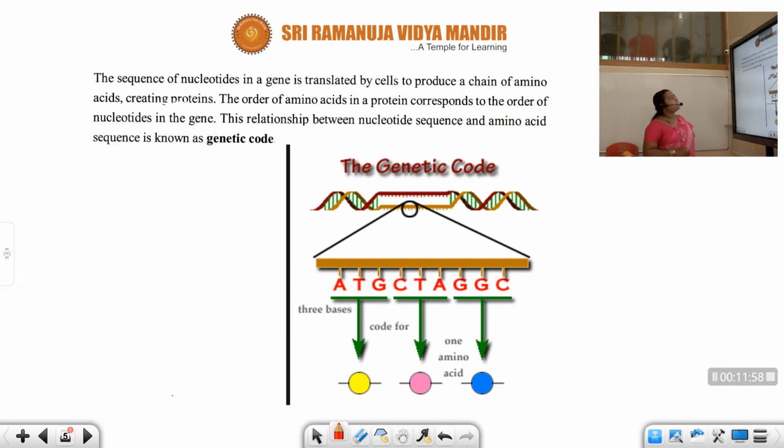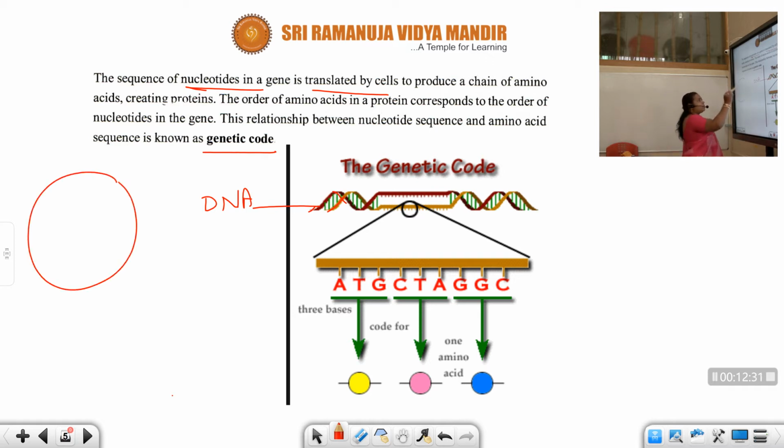Now, first, let us talk about the genetic code, the sequence of nucleotides in the genes. For example, see students, this is the DNA. The red one is one nucleotide strand, whereas the yellow one is the other nucleotide strand. So it is a double helical model of DNA having two different chains, understand? And the sequence of nucleotides in a gene is translated by the cell to produce a chain of amino acids, creating proteins.